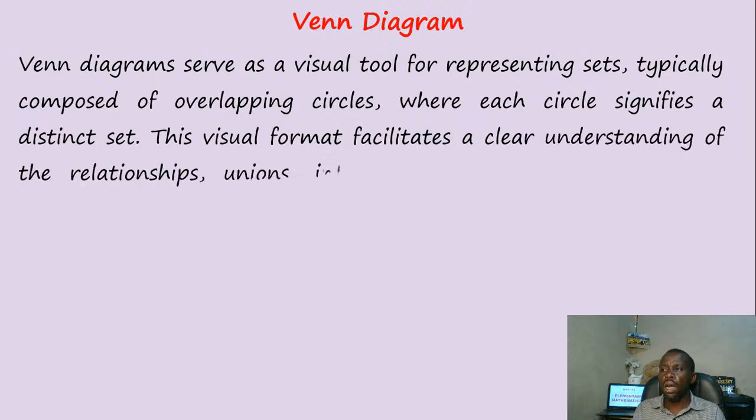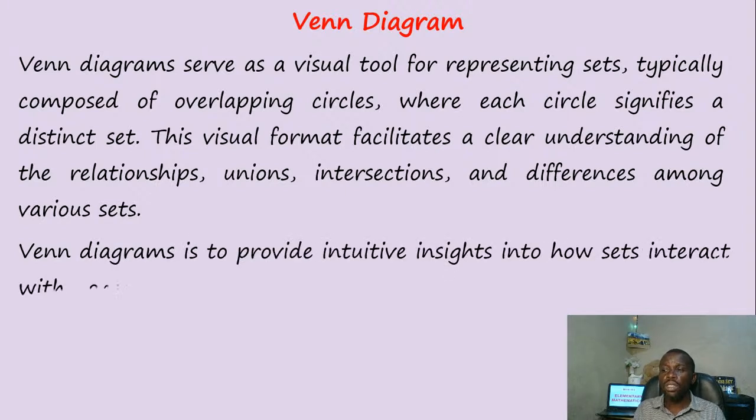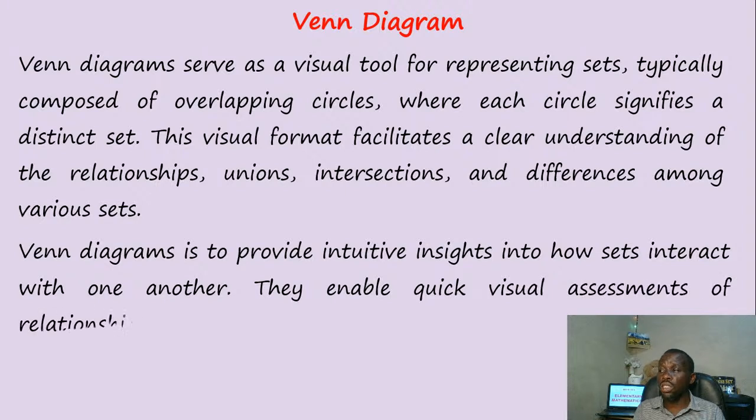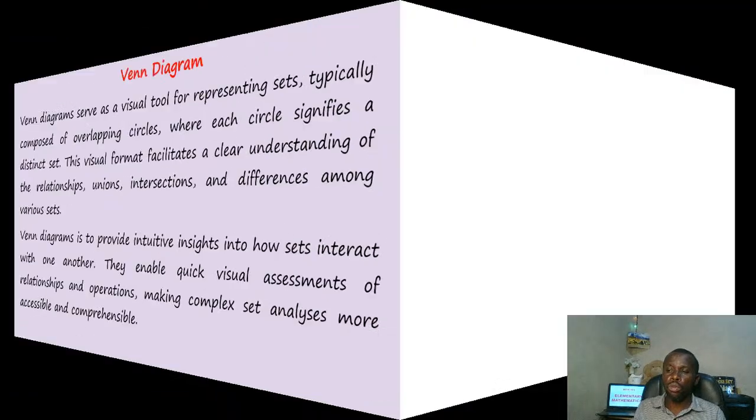This visual format facilitates a clear understanding of relationships, unions, intersections, and differences among various sets. The Venn diagram provides intuitive insight into how sets interact with one another. They enable quick visual assessments of relationships and operations, making complex set analysis more accessible and comprehensible.